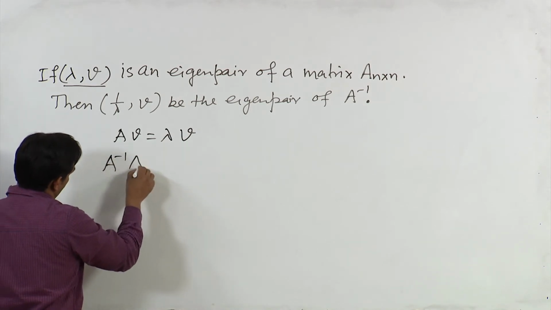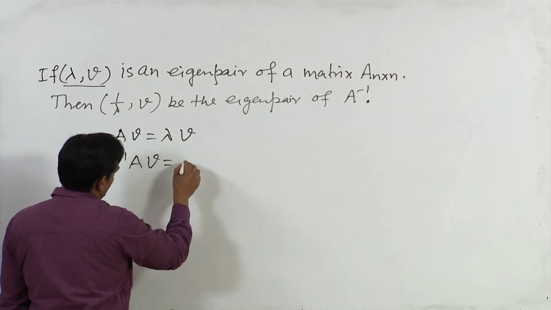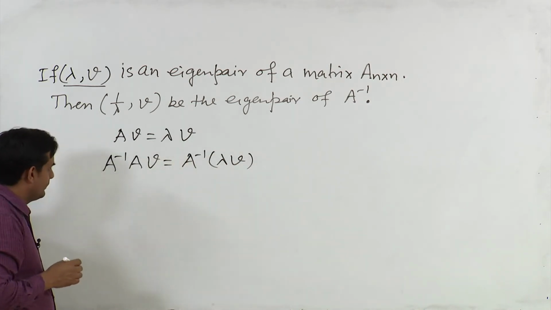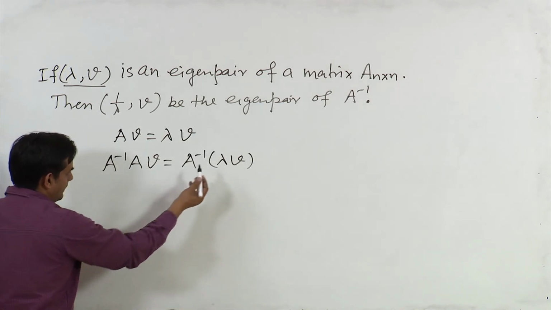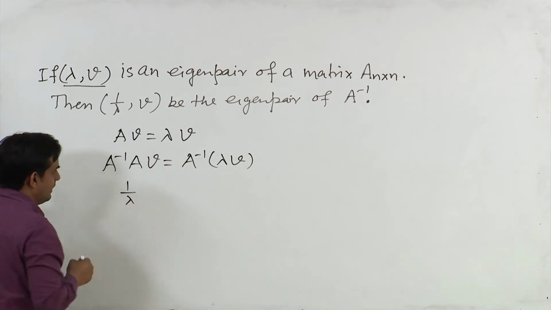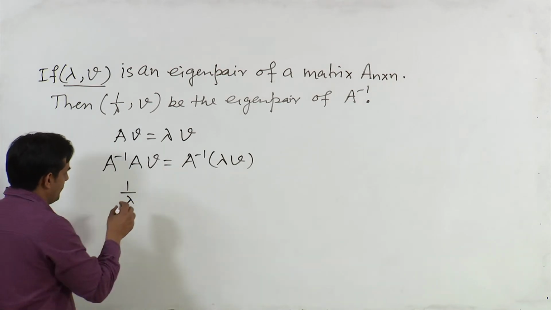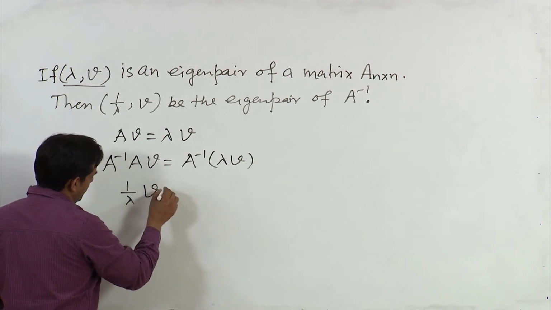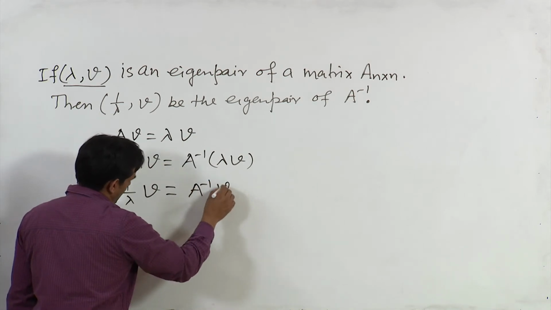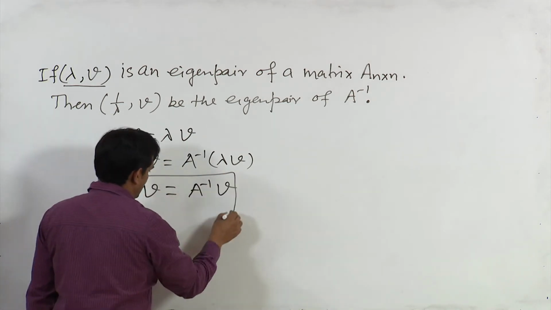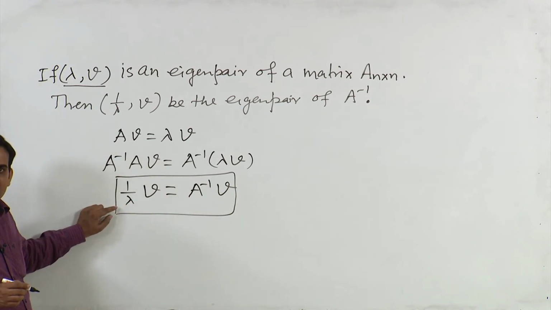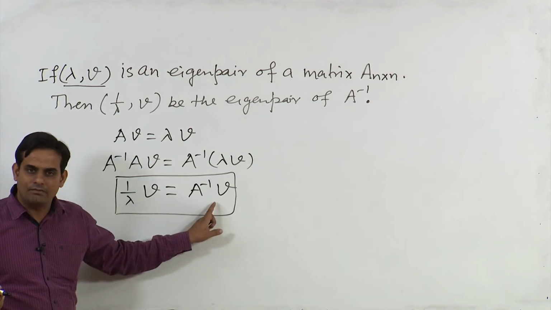So, A inverse into A into V will become A inverse into lambda V. Lambda is a scalar, I can take it out, and then I can divide both sides by lambda. So, 1 upon lambda V will become A inverse V. It means the eigenvalue of A inverse is 1 upon lambda and the corresponding eigenvector is V.